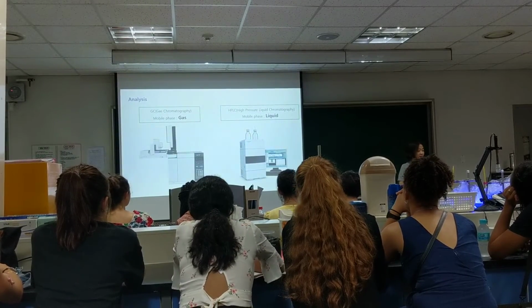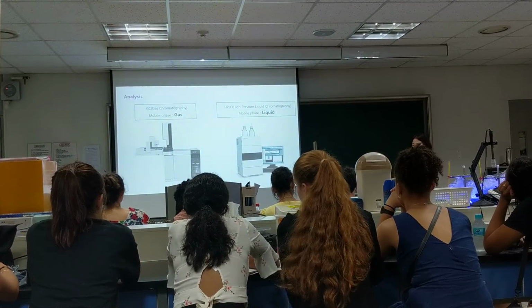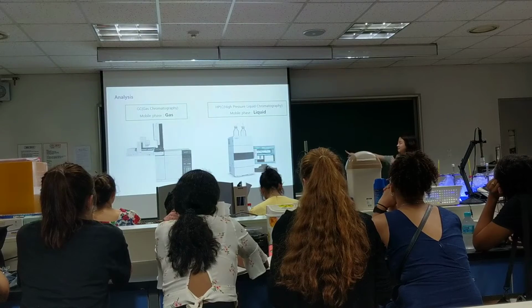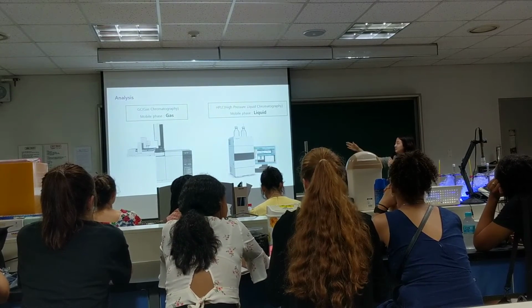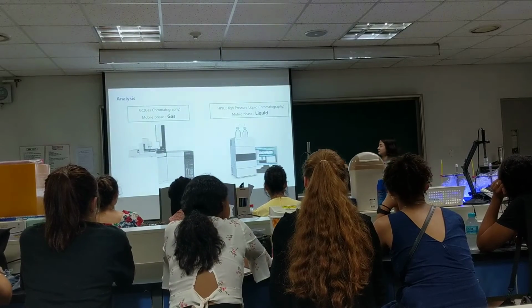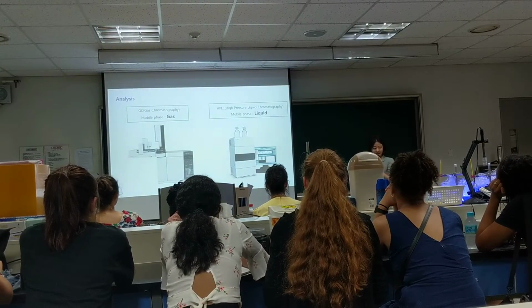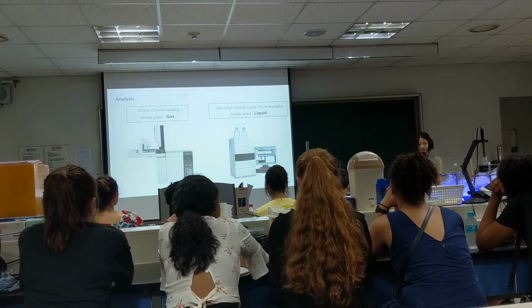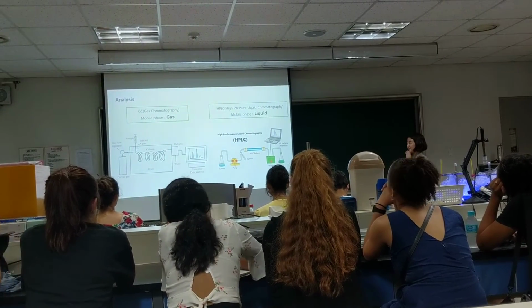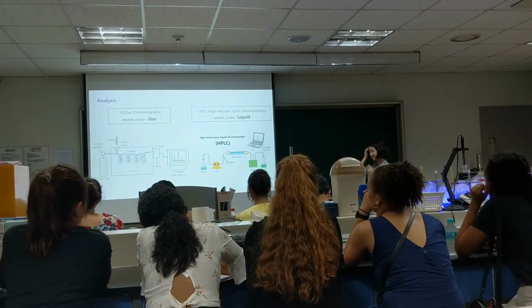The left one is gas chromatography. It uses gas for the mobile phase. And how about this? This means high pressure liquid chromatography, in short HPLC. This uses liquid for the mobile phase. This picture shows the very basic principle.